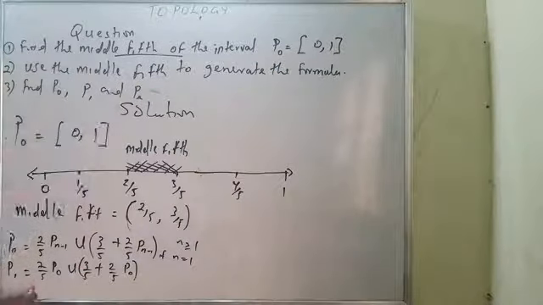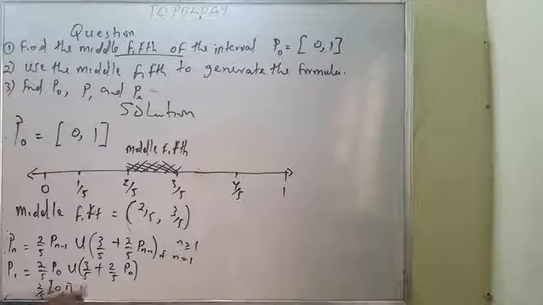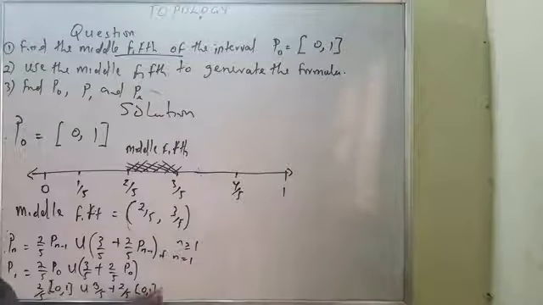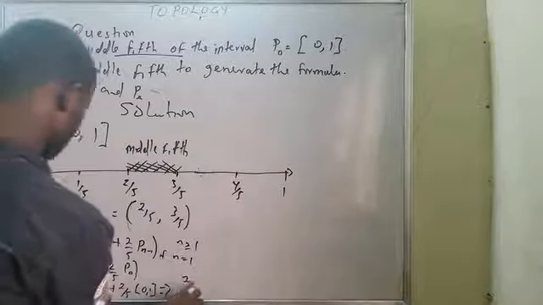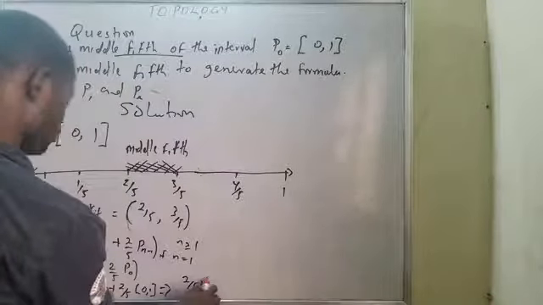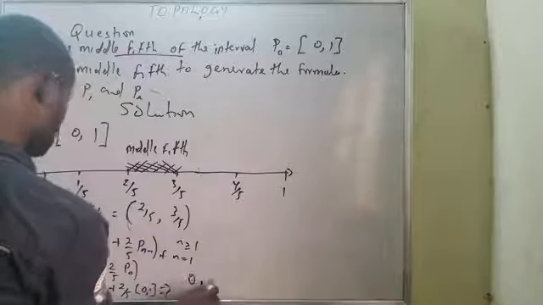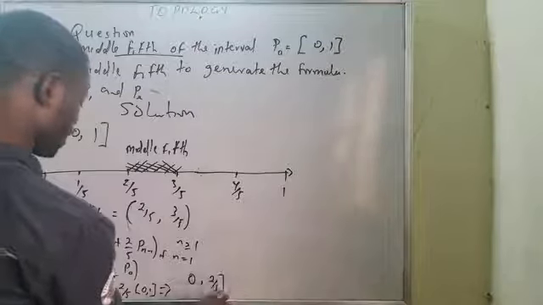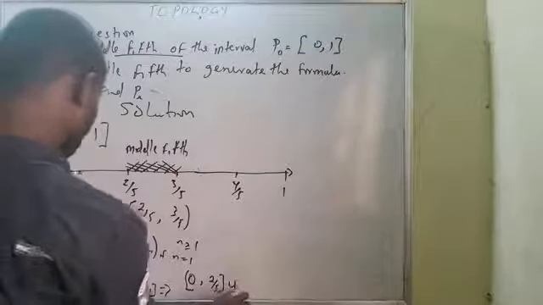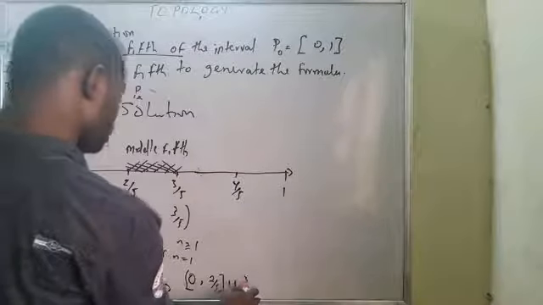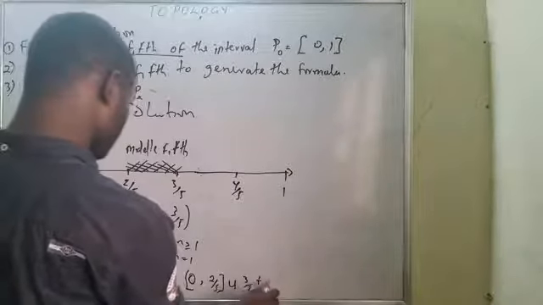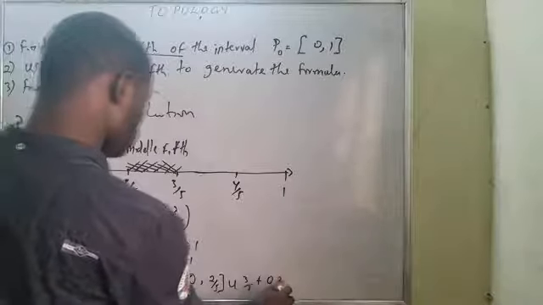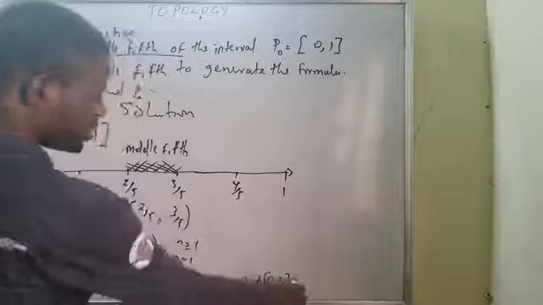My P naught is given as the interval 0 to 1, closed. So we have 2 all over 5 of the interval 0, 1, union 3 all over 5 plus 2 all over 5 of the interval 0, 1, which implies the interval 0, 2 all over 5, union the interval 3 all over 5 plus 0, 2 all over 5. Now, can you see what I'm having here?